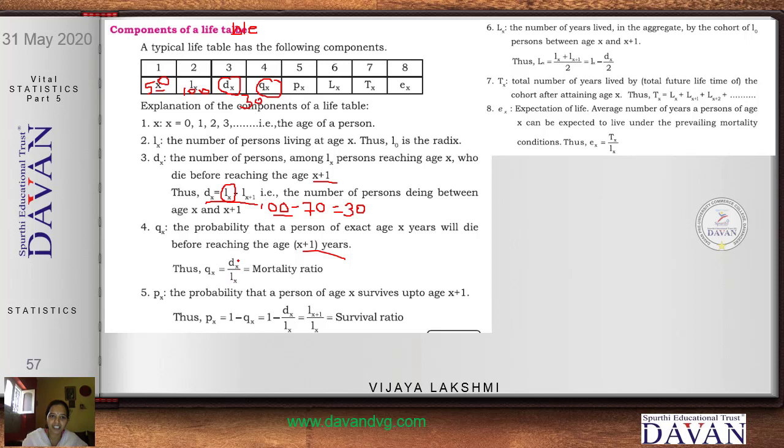So dx is the deaths that have happened and lx is the total number of people who are there at the age of 50. So according to our example, dx is 30. So 30 divided by 100 is 0.3.